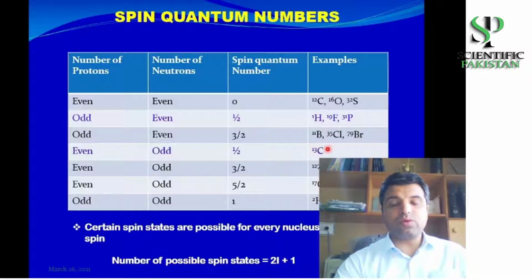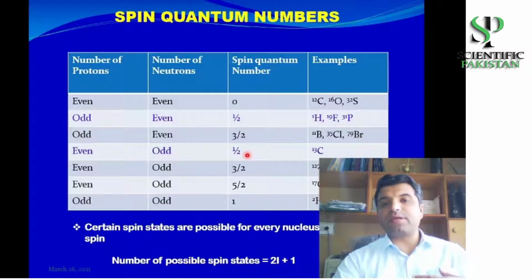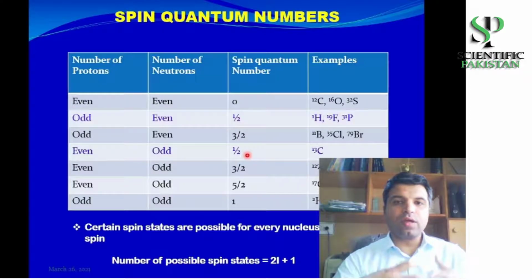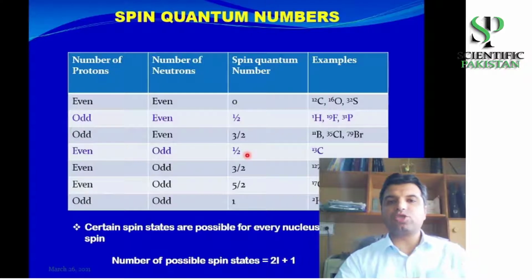We will only be talking about proton and carbon 13. And luckily, they have the same spin quantum number. So whatever we study for proton will also be applicable to carbon 13. Whatever events or steps we are going to study after this are equally applicable to proton and carbon 13 because they have the same spin quantum number.